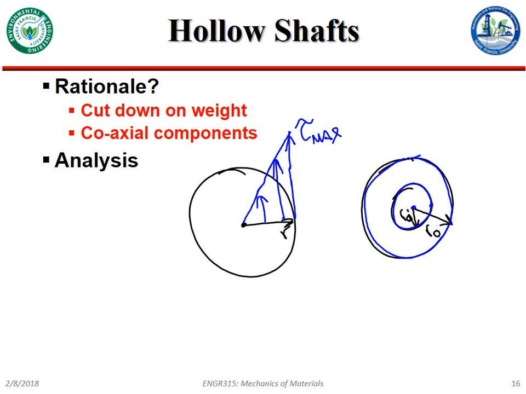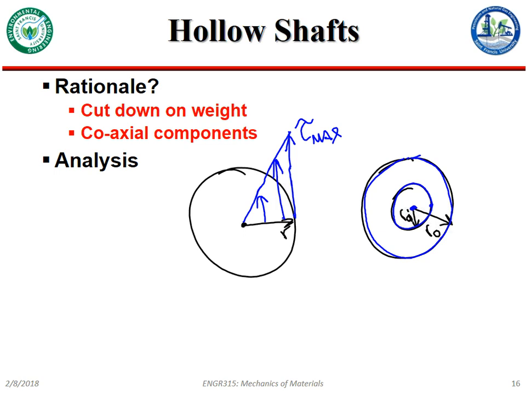If it's away from the center, it means that the material can resist a torque because it has some stiffness, and it's some distance away from the axis of rotation, so it can resist a torque that's being placed upon it. If it was at the center, its moment arm would be zero, so it couldn't resist a torque, and that's why in a solid case, shear stress is zero there.